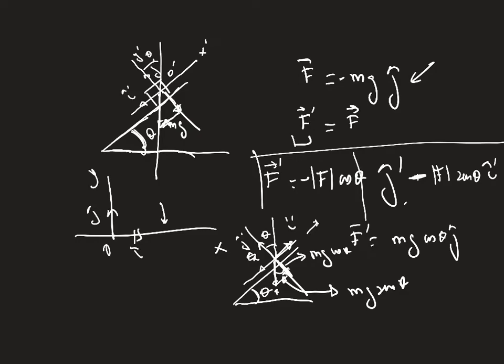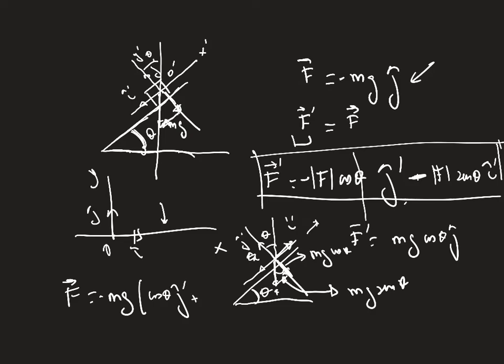And of course, if the magnitude of F is the weight, the force will be mg times minus cosine of theta j prime plus sine of theta i prime. Well, this is the representation of the force.